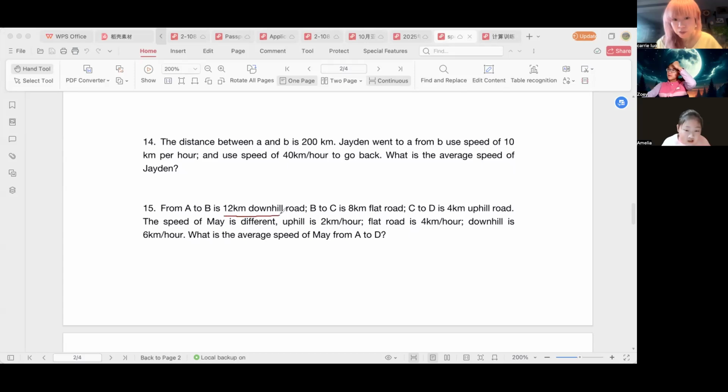So 12 kilometers downhill. So I'm going to do 12 down, 8 flat, and 4 up. Okay, I put it there. And the uphill is 2 kilometers per hour, so I put 2 kilometers per hour here. And the flat road is 4 kilometers per hour.